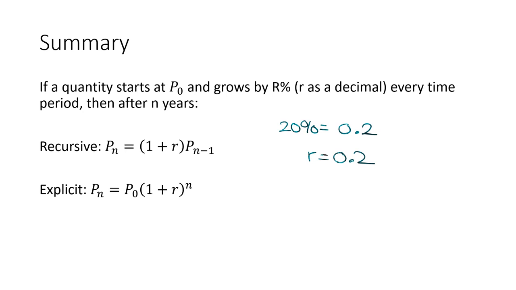In my previous example, we had 20%, so as a decimal, that was 0.2. So 1 plus r in the previous example was 1.2. Our explicit formula will be Pn equals our starting value P0 times 1 plus r. So again, in the previous example, it was 1 plus 0.2 raised to the n power.